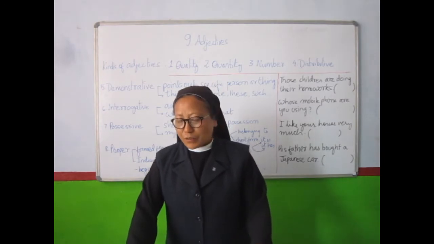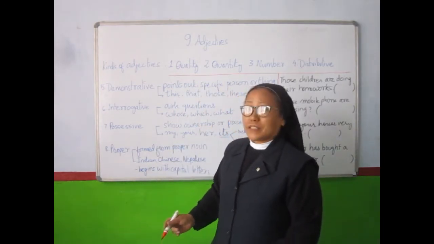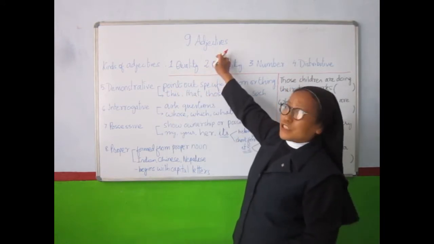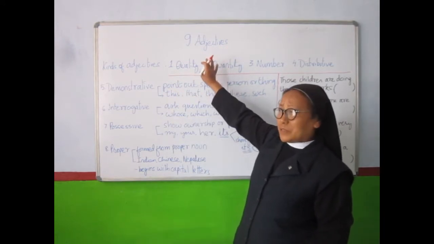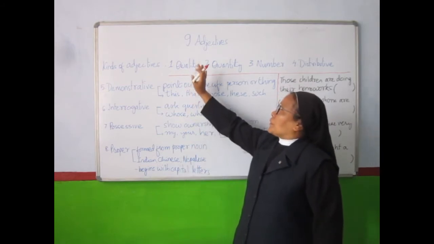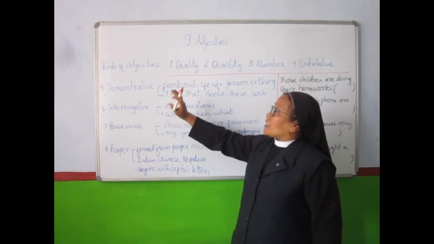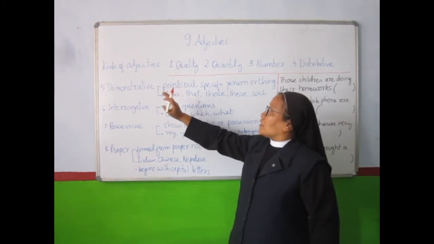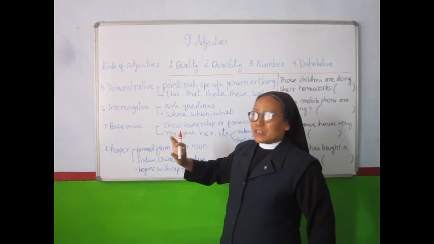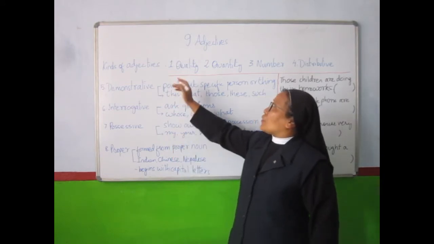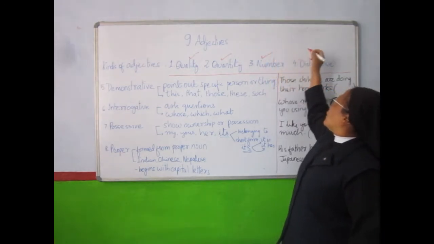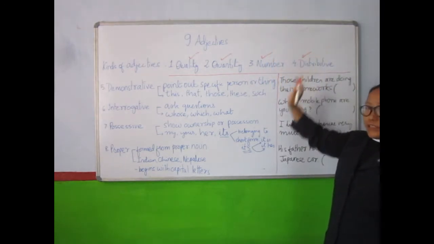As I told you yesterday, children, we will be continuing the Adjectives chapter as it is quite long. In the last class we discussed the kinds of adjectives, out of 8 we discussed 4: quality, quantity, number and distributive.